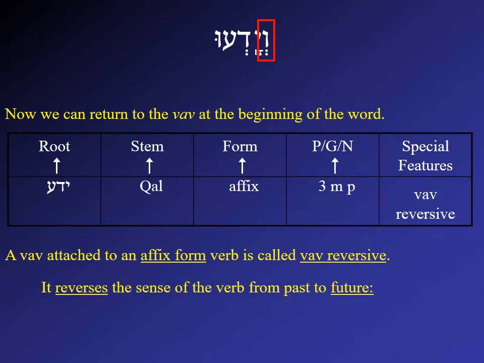The function of the vav reversive is to reverse the sense of the verb from the past to the future. So in this case, without the vav, they knew. When you add the vav reversive, it becomes they will know. So here you have the vav reversive, which makes the affix form future. We also have seen the vav conversive, which makes the prefix form past.